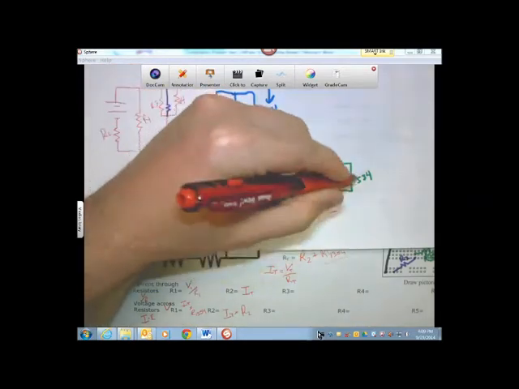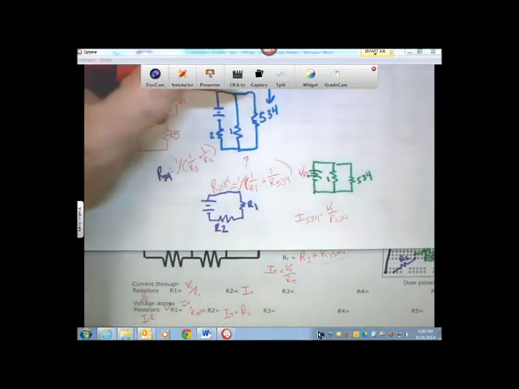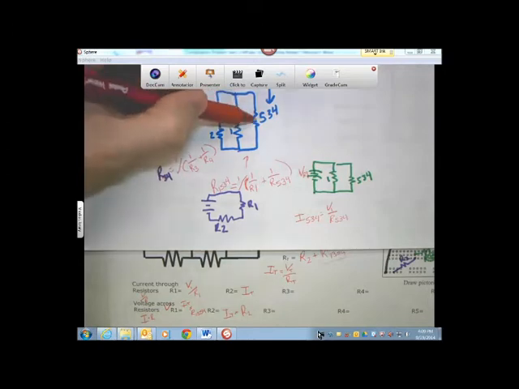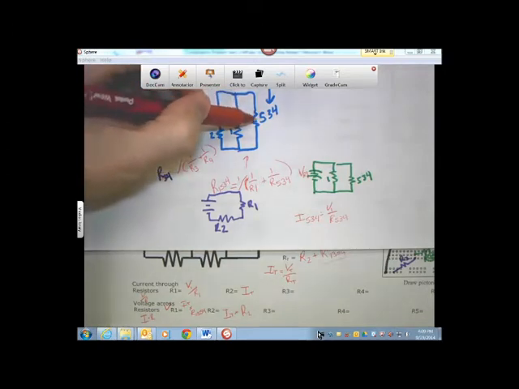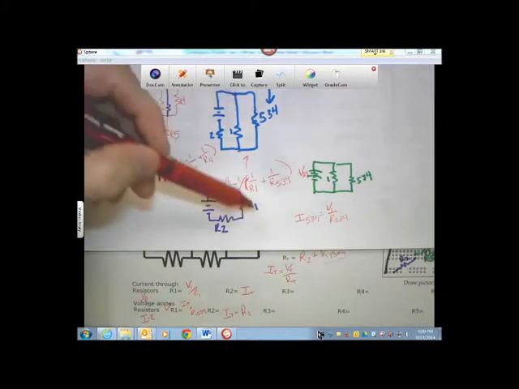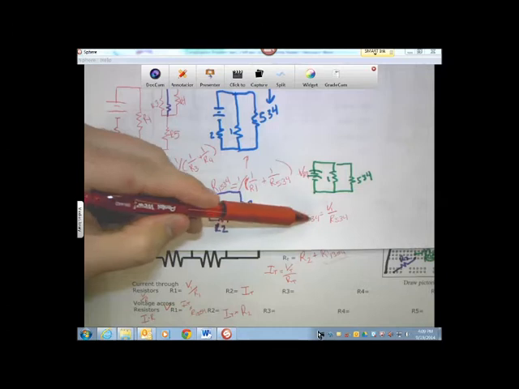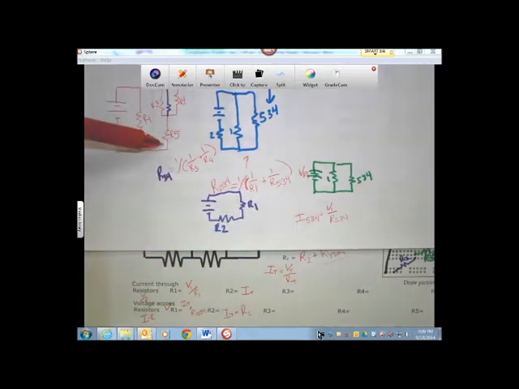So whatever R5, 3, 4 was, which was calculated previously in this step here. Because R5 here is in series with R3 and 4, once I determine the amount of current in R3, 4, 5, it's the same current as R5.